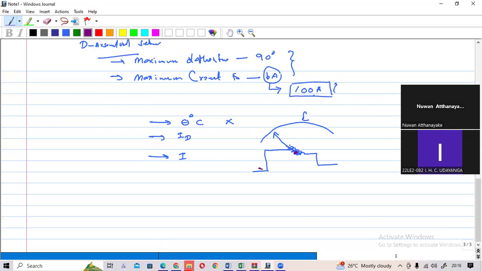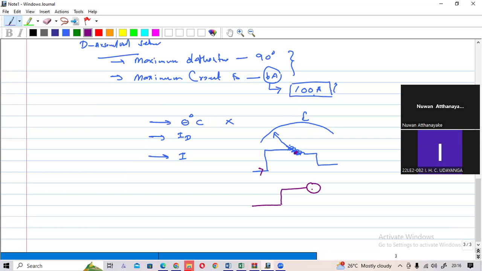So once you send the current through this, a magnetic field is created. Then this pointer will be moved. So I will write it like this. We have a diagonal setup like this.